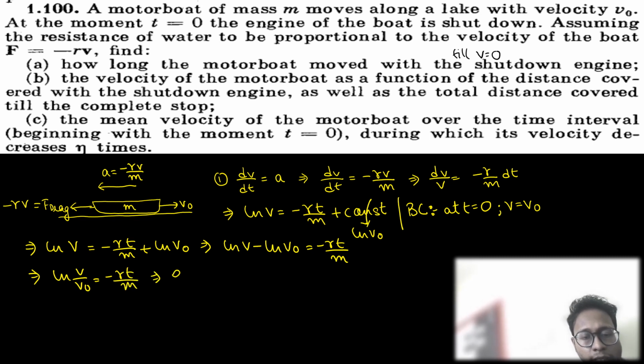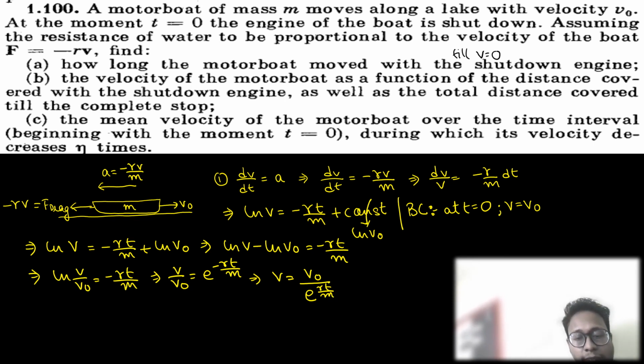Or, taking e to the power, v by v0 is equal to e to the power minus rt by m. Or v is equal to v0 e to the power minus rt by m, which can be written as v0 by e to the power rt by m, because e to the power minus 1 is nothing but 1 by e.